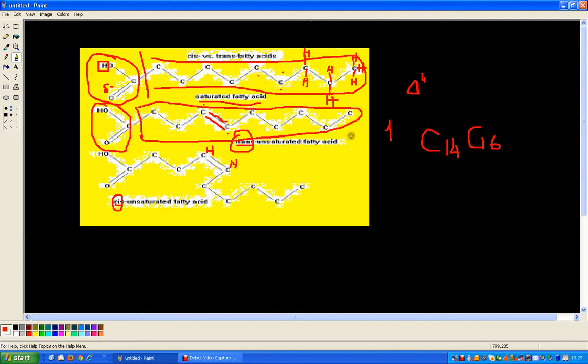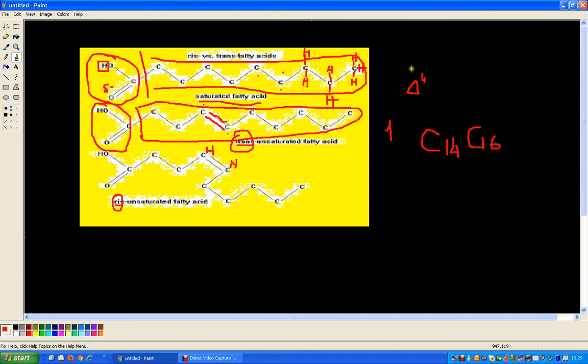Now, they're going to have, by the way, a different melting point, because if you think of the molecule, these molecules right over here, the saturated fatty acids, can stick together more closely, so that there's going to be less space and less possibility for these molecules to move easily.